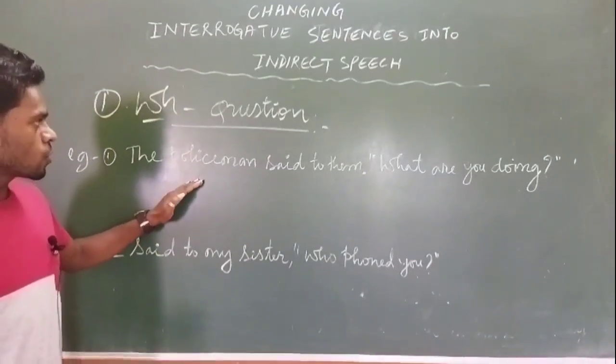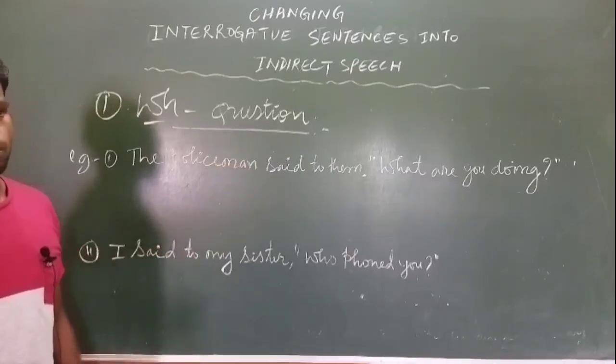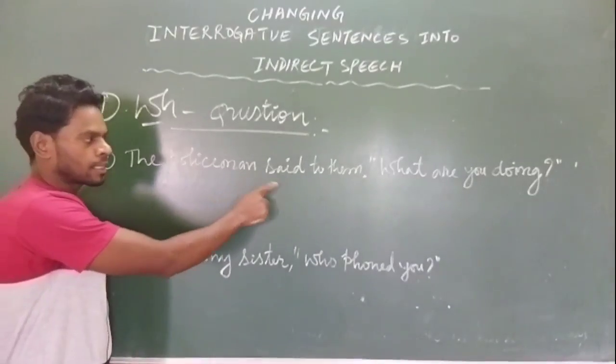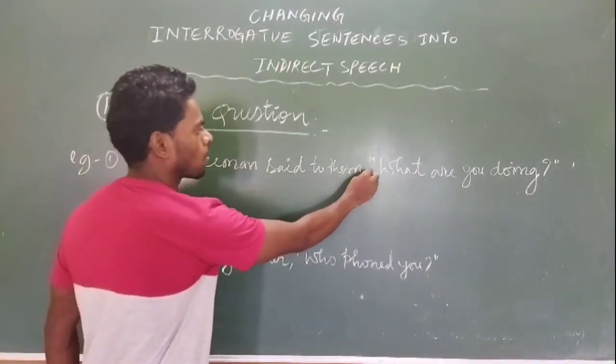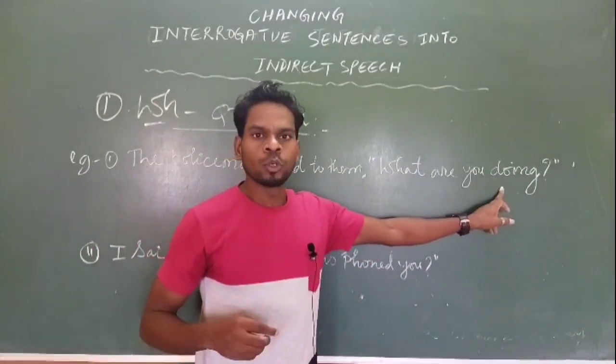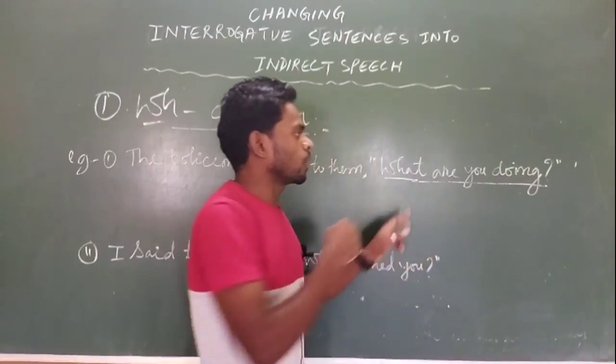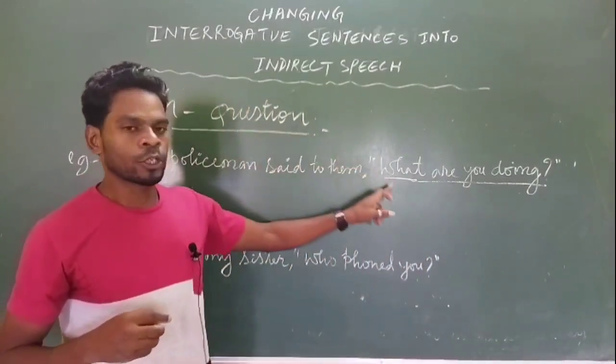First we will deal with the WH question. The policeman said to them, within inverted commas, "What are you doing?" This is a WH question.